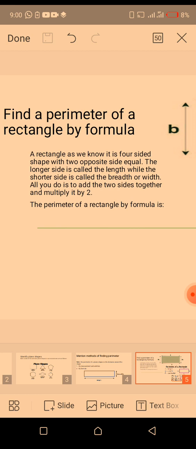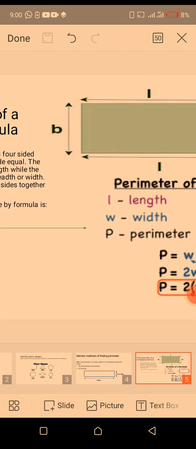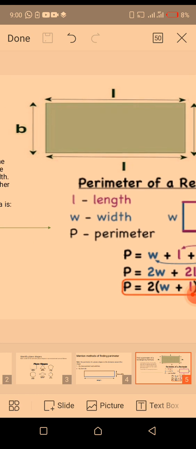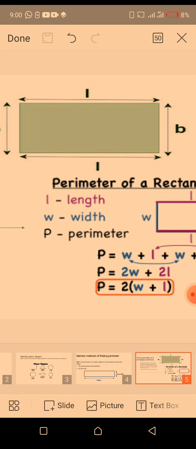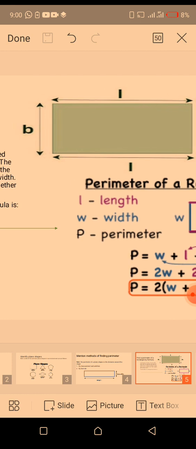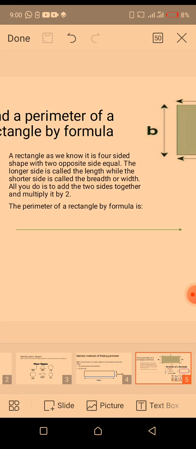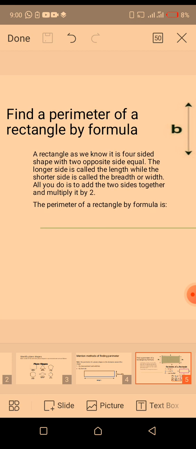I come again. A rectangle, as we know, is a 4-sided shape. As you can see from the diagram above, it's a 4-sided shape where we have L, L and B, B with 2 opposite sides equal.